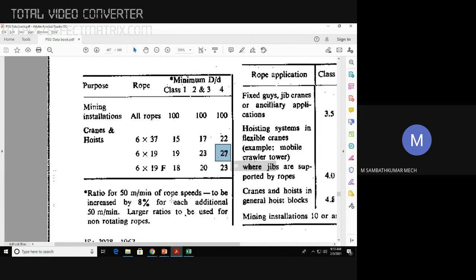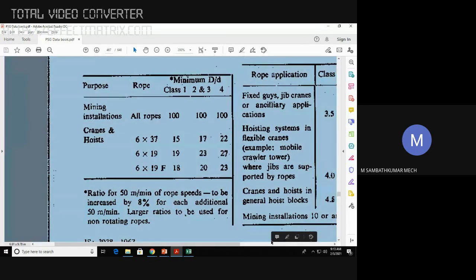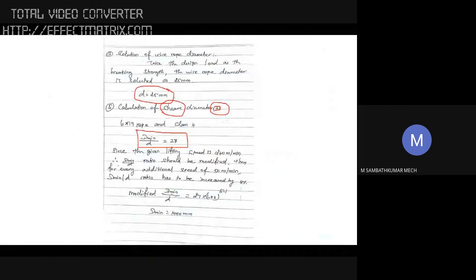If it is more than 50, you should additionally increase by 8% for each 50 meter per minute. We already discussed this in the last class, so once again I will tell: for 50 meter per minute, the value is equal to 27.